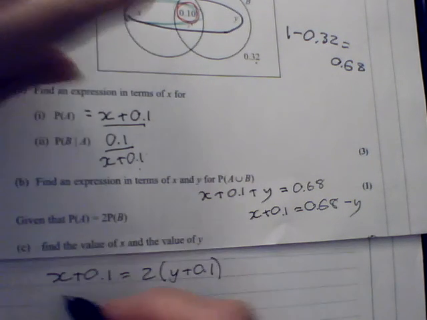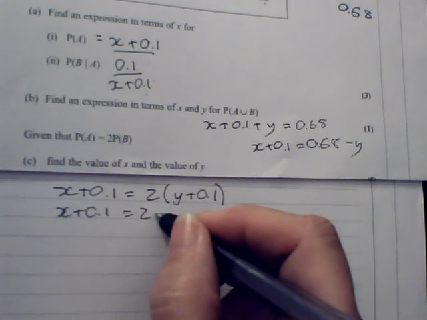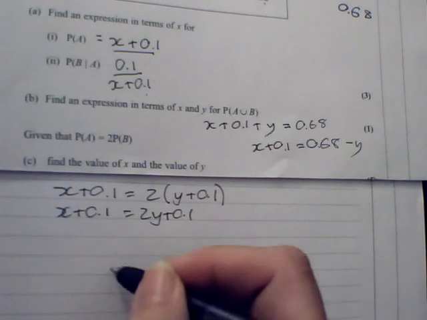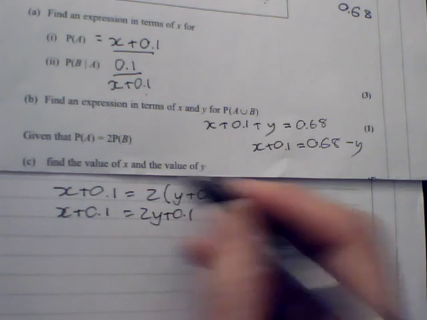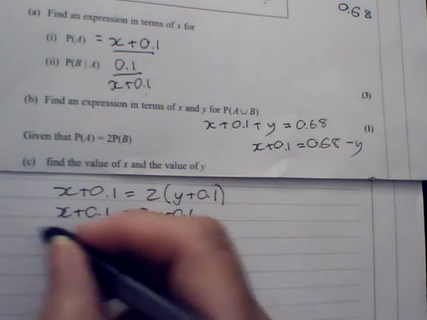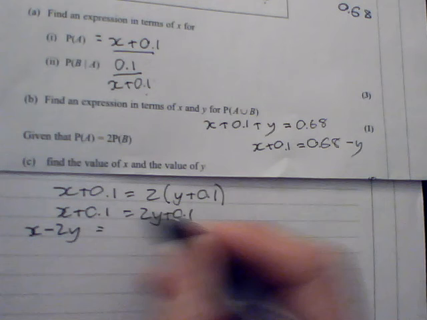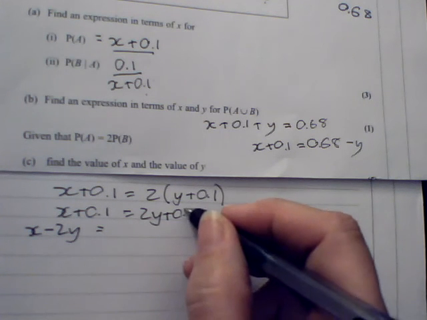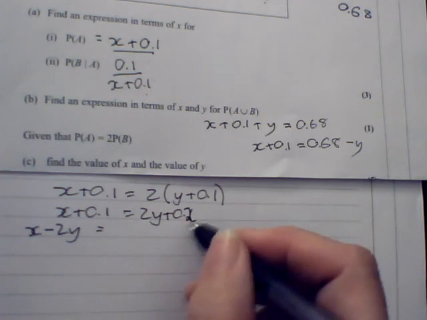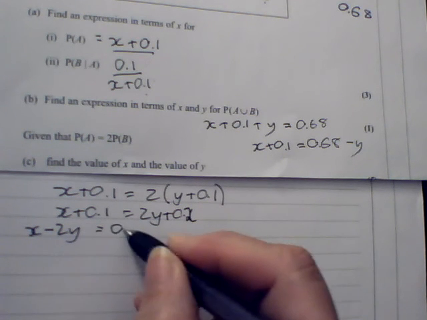So let's get rid of the brackets. x plus 0.1 equals 2y plus 0.2. And now I'm going to put all the x's and the y's on the same side. So x minus 2y equals 0.1.